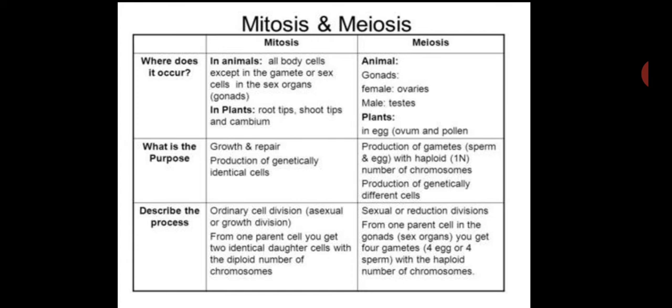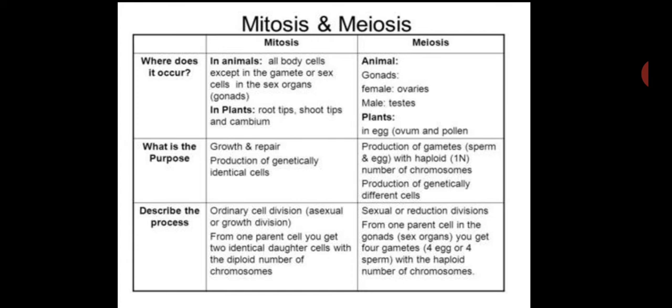Repair means that if somewhere in the body some tissue is wounded, the surrounding cells continuously divide, undergoing mitosis to produce the same kind of cells. After some time, the wound will be healed.